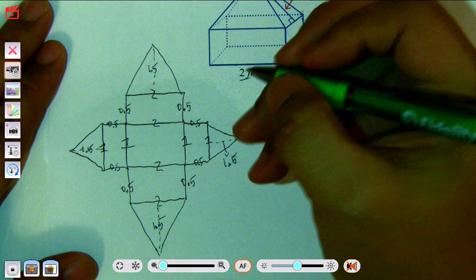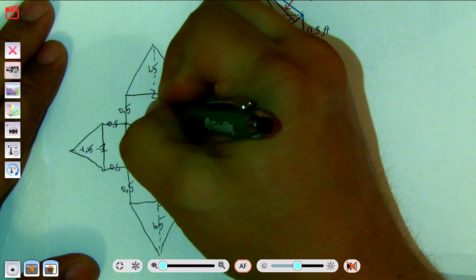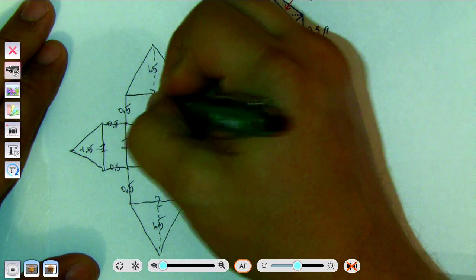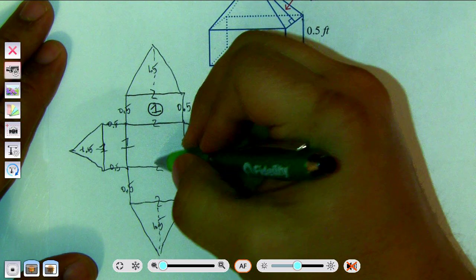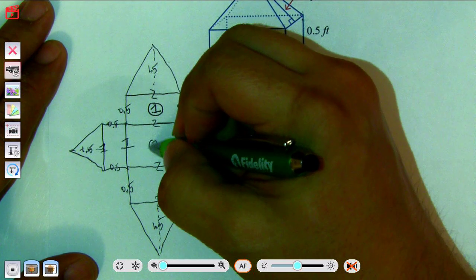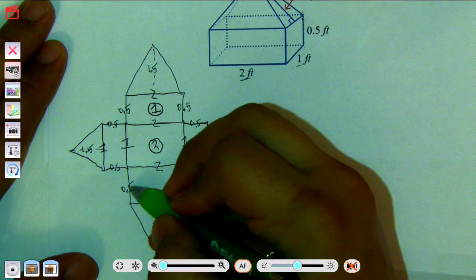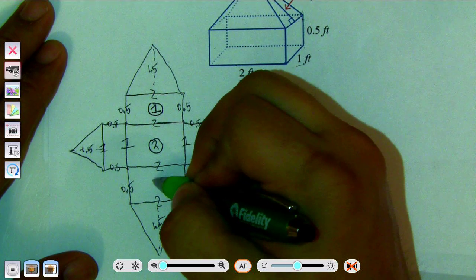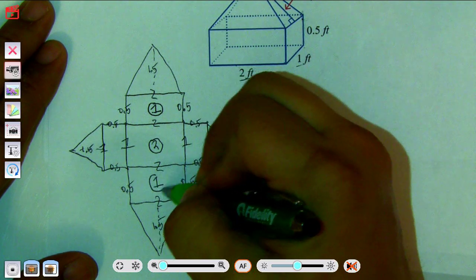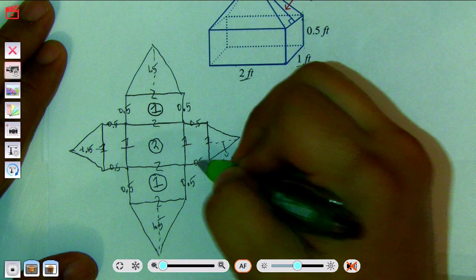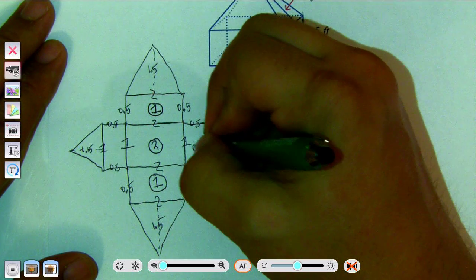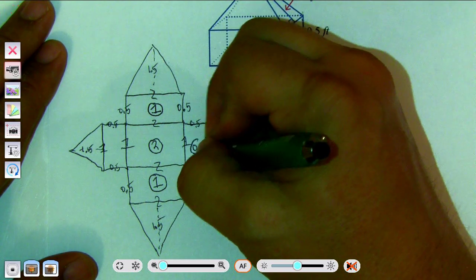2 times 0.5 is 1. 2 times 1 is 2. 2 times 0.5 is 1. 1 times 0.5 is 0.5.